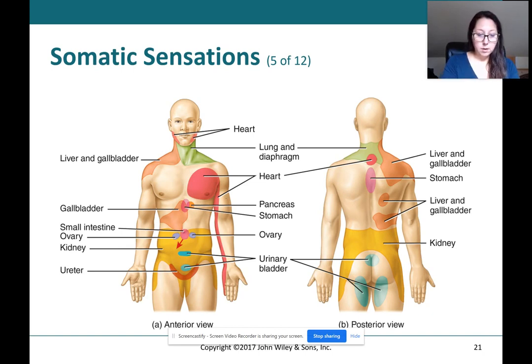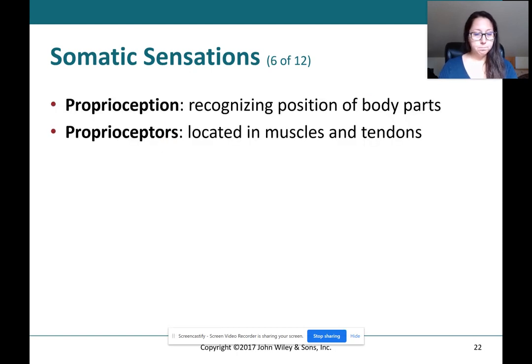You can see that heart pain in the red goes all the way down the left arm, all the way down to the pinky. So if we had pain in the left arm, that's our referred pain that can be signaling us to a problem with the heart. And of course, I won't read all of these to you, but you can see the various examples there of referred pain.